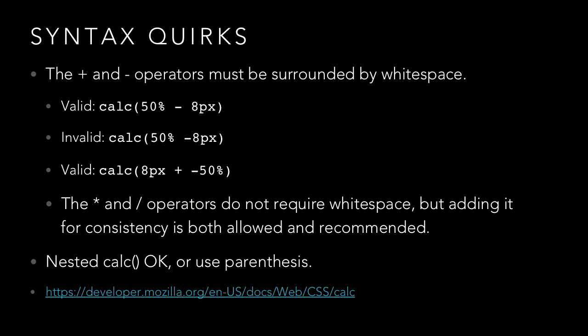But you can say something like 8 pixels plus negative 50%. That works. Okay? You don't have to have those white spaces around multiply and divide, but let's be consistent. I hate trying to remember exceptions to the rule. So if you just do spaces around all your operators all the time, you'll never have to worry about any of the problems. Sound good so far?